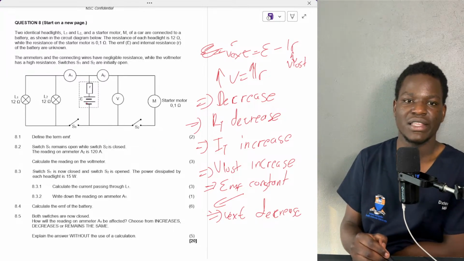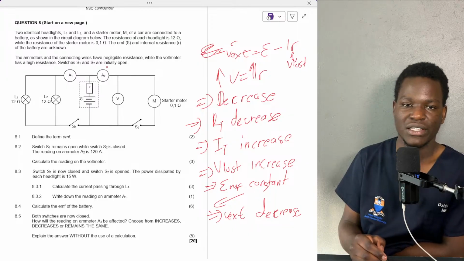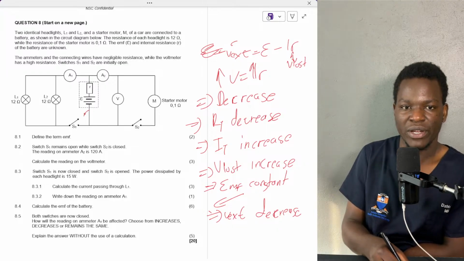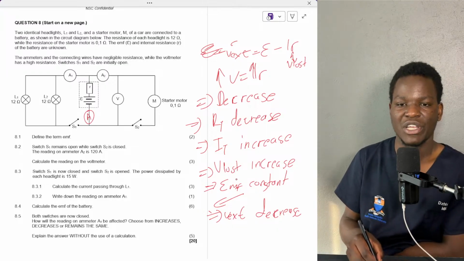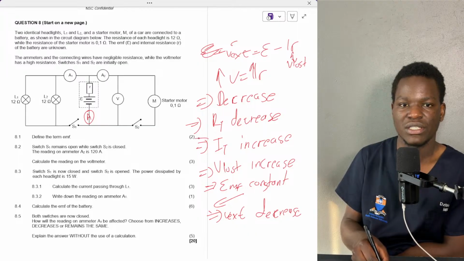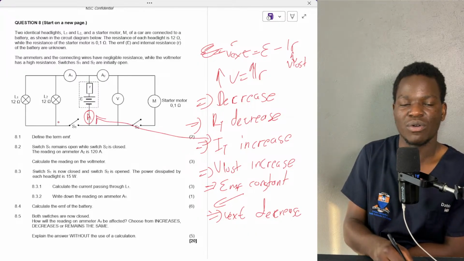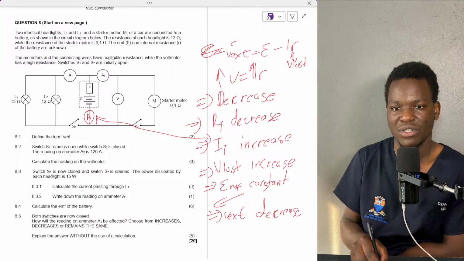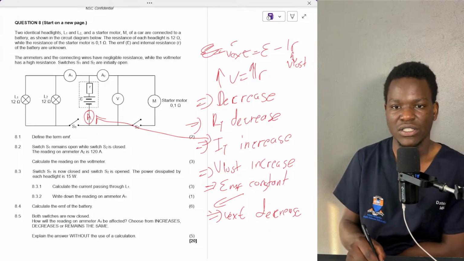So we see that there's another branch that has opened that side, and the current going through there and going through there are not going to be the same. If they were looking for the current here, we were just going to use this, but that's not the current over the whole circuit.